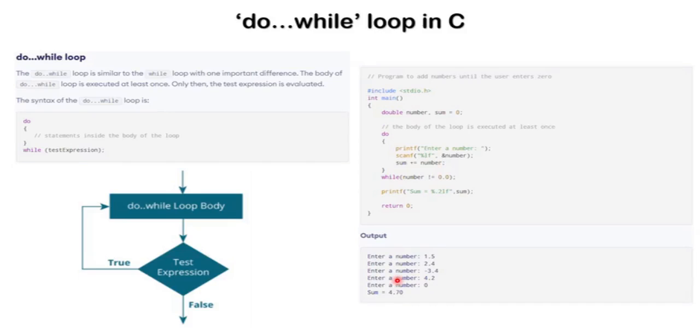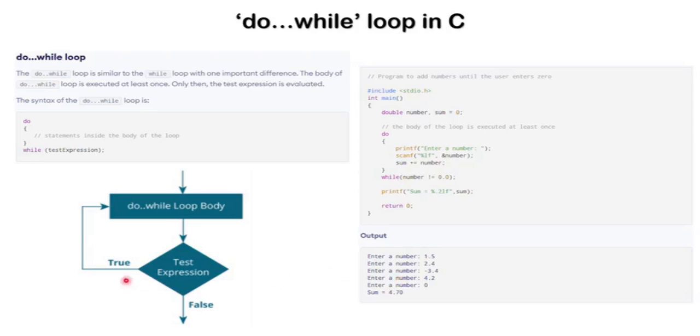So, do while. The speciality of do while is that it is an exit control loop. Like in the for loop and while loop, only if the condition is true will the body of the loop be executed. But in do while, even if the condition is false, the loop body will be executed at least once.